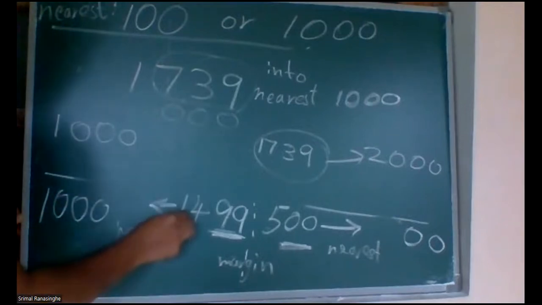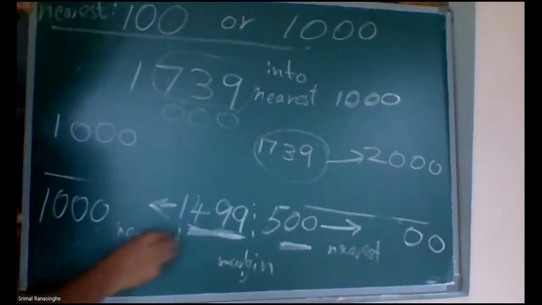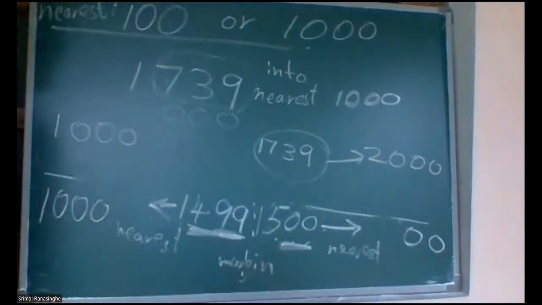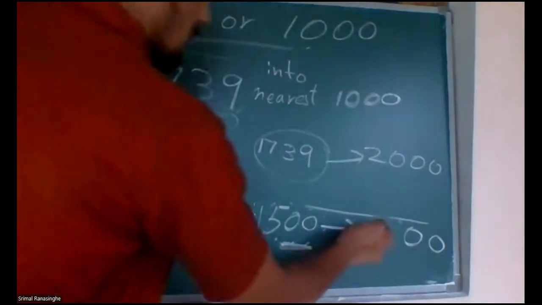So here 1,499 and 1,500. Right? Okay, so I'll put here 2,000.